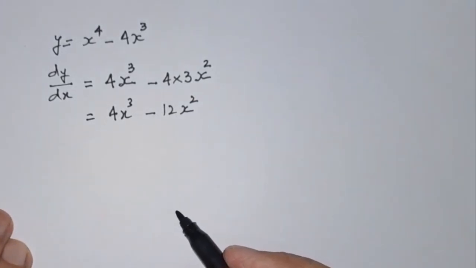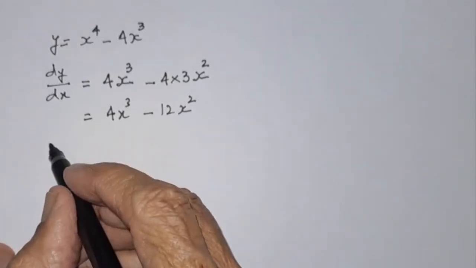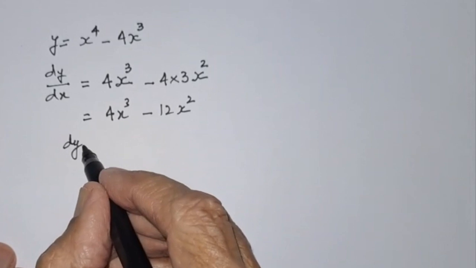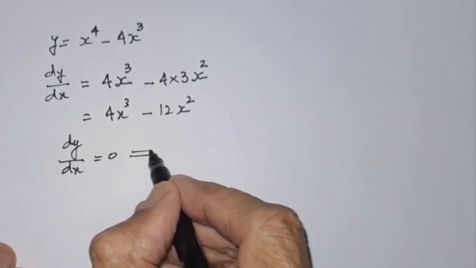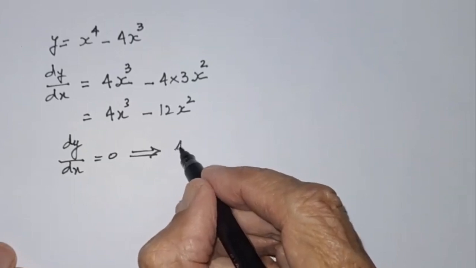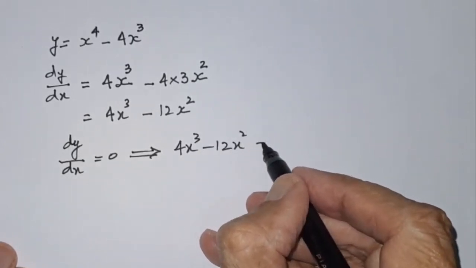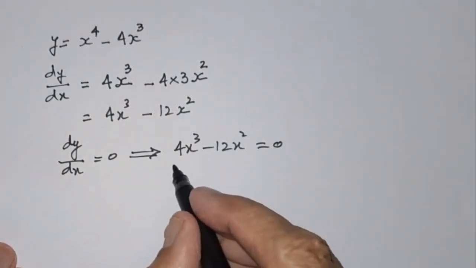So this was the first step for finding the stationary points. The second is that we equate the derivative equal to 0. So if we have to find out the stationary point, dy by dx equal to 0 means 4x cube minus 12x square equal to 0, and we can take 4x square common.